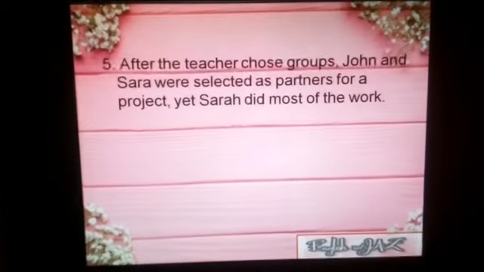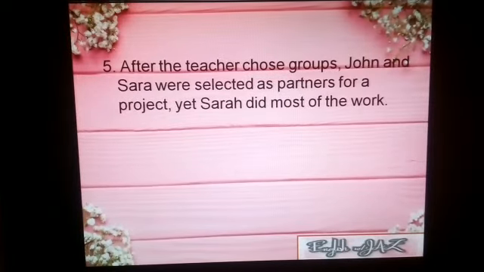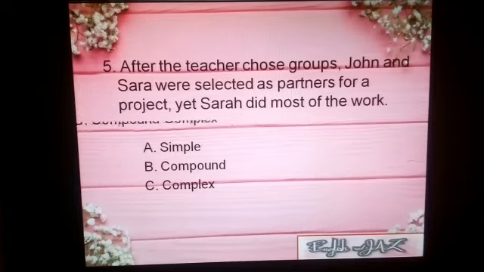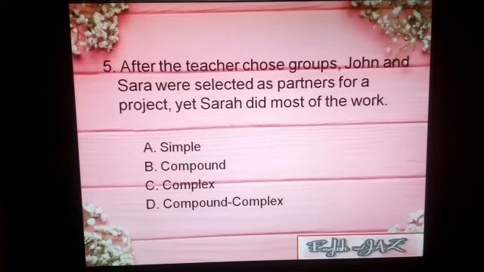Let's have number 5. After the teacher chose groups, John and Sarah were selected as partners for a project, yet Sarah did most of the work. So let's identify what type of sentence this is. This example has one dependent clause, after the teacher chose groups, which starts with the subordinator after, and two independent clauses.